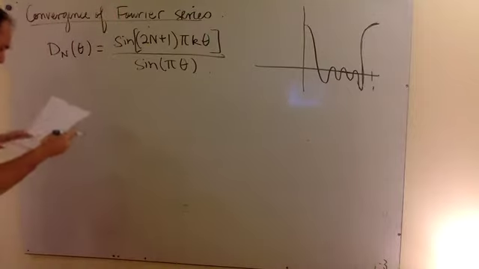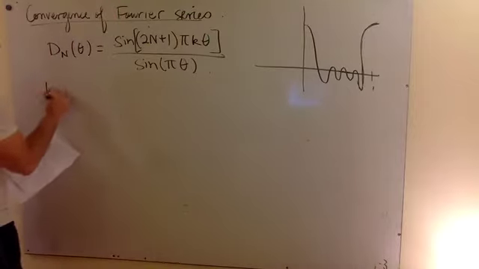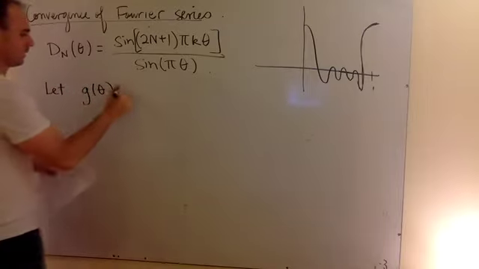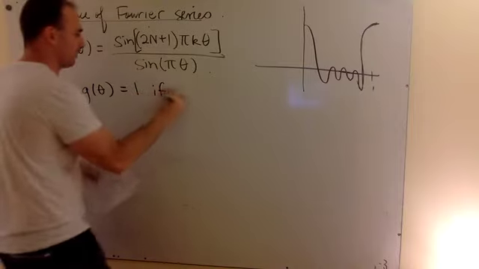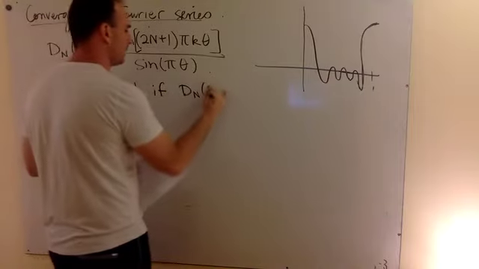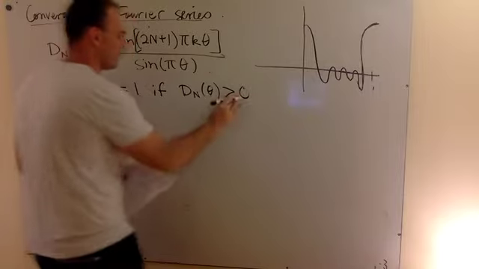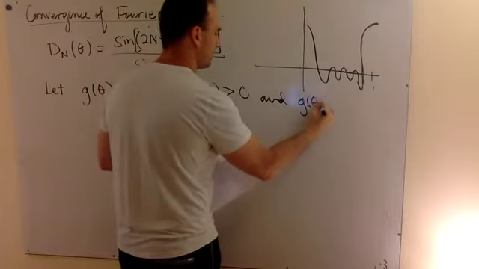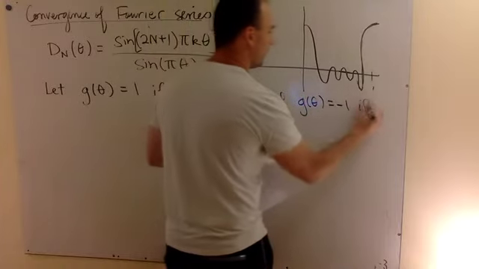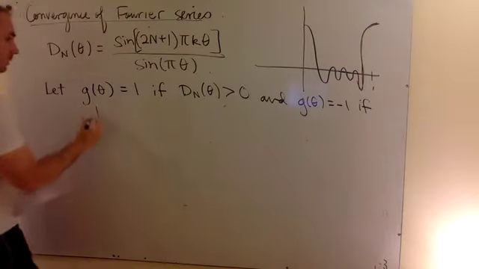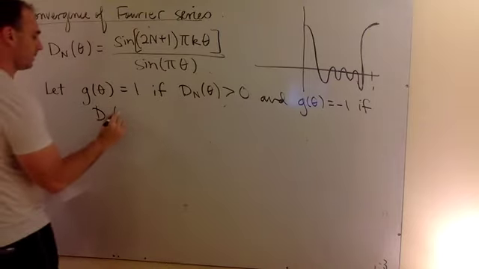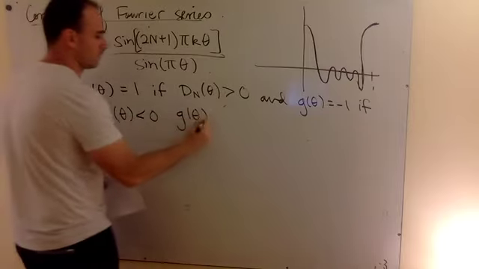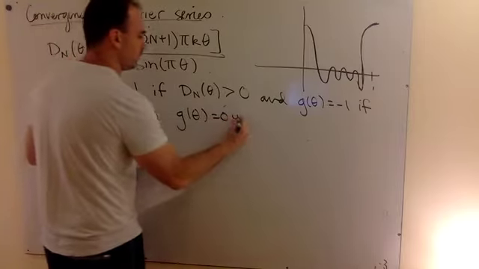But what I'm going to do is let g of theta equal 1 if D_n of theta is greater than 0, negative 1 if D_n of theta is less than 0, and 0 otherwise.